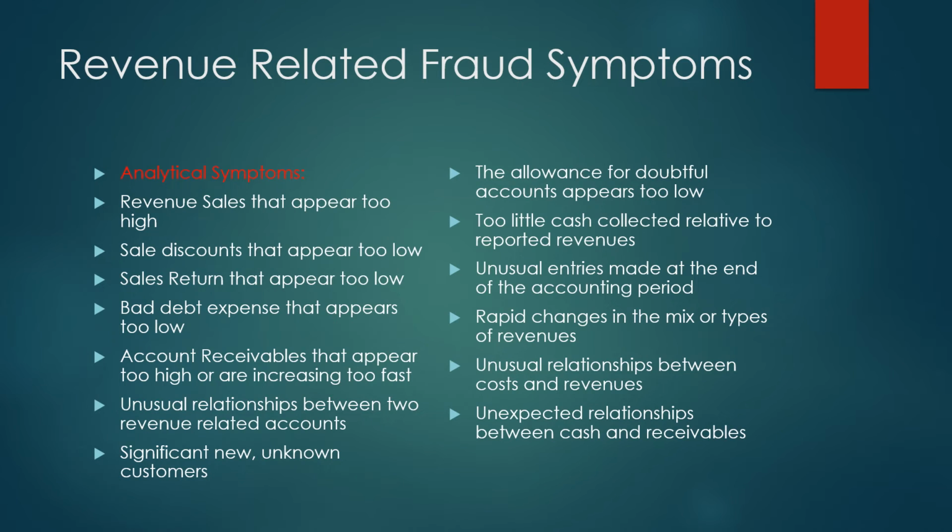As we will focus on actively searching for revenue-related analytical symptoms, here are the most common ones. Revenue or sales that appear too high, sales discounts that appear too low, sales returns that appear too low, bad debt expense that appears too low. So when looking for analytical symptoms, the question that needs to be answered is: is it too high, too low, or unusual relative to what?